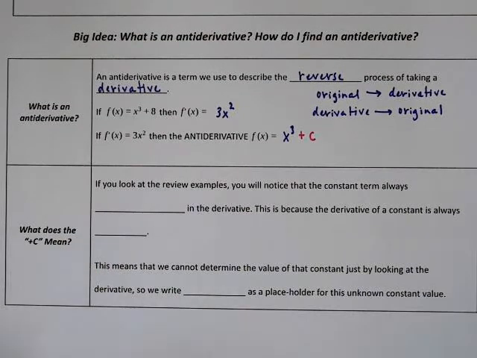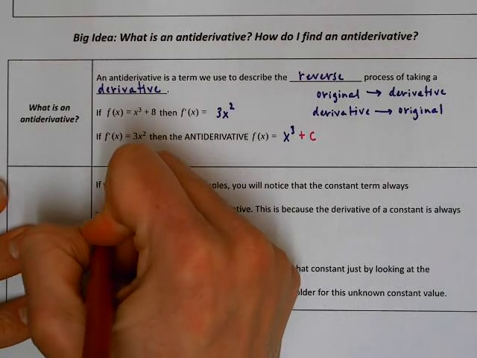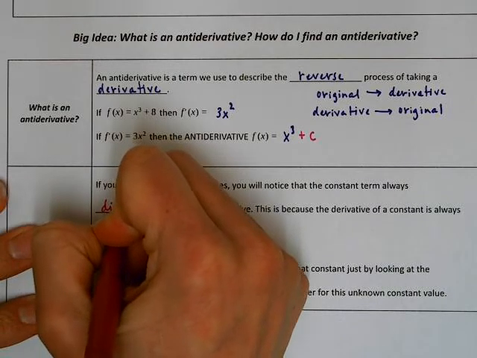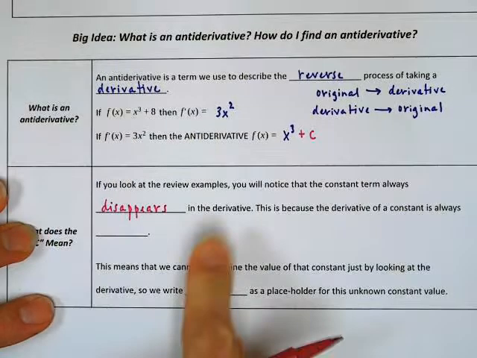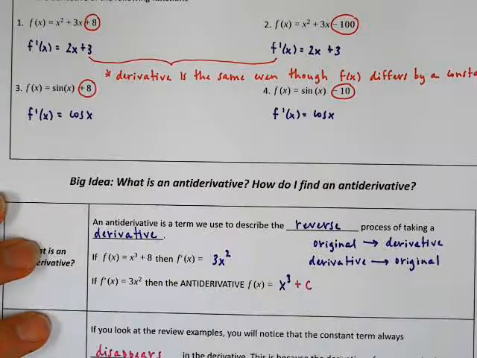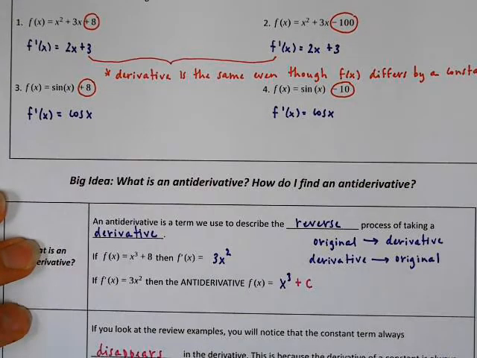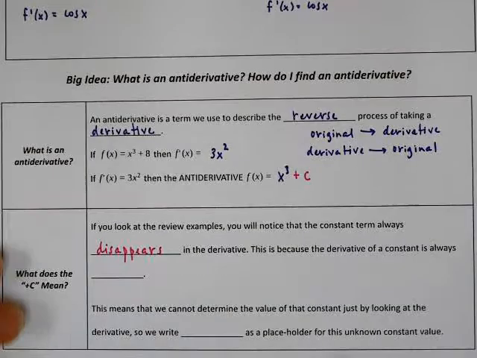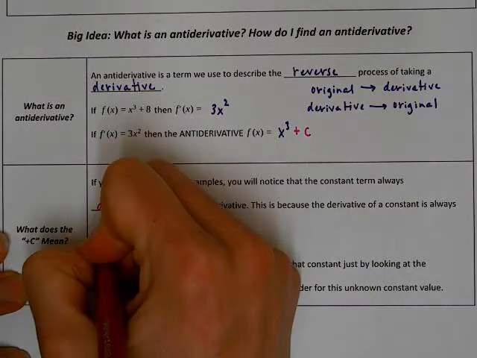If you look at the review examples, you'll notice that the constant term always disappears in the derivative. So again, just like up here, the 8 disappeared, here the negative 100 disappeared, because those derivatives are 0. This is because the derivative of a constant is always 0.